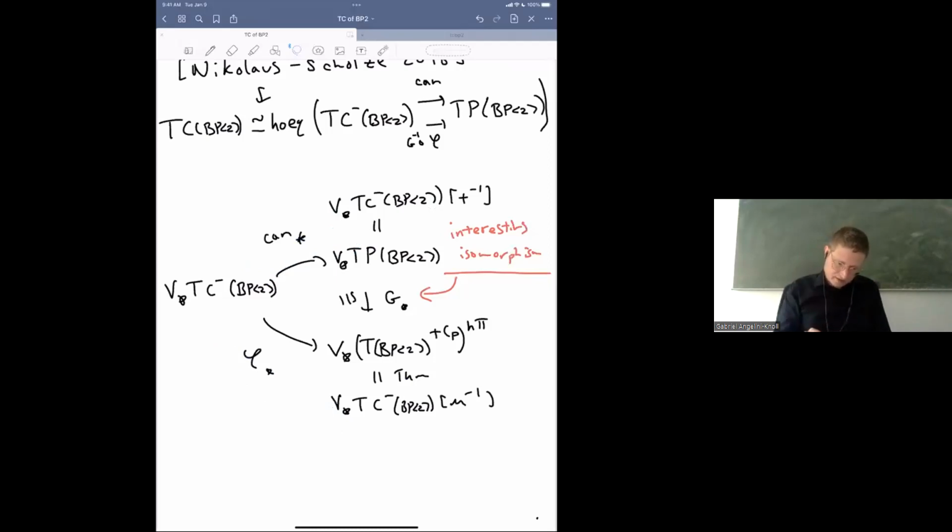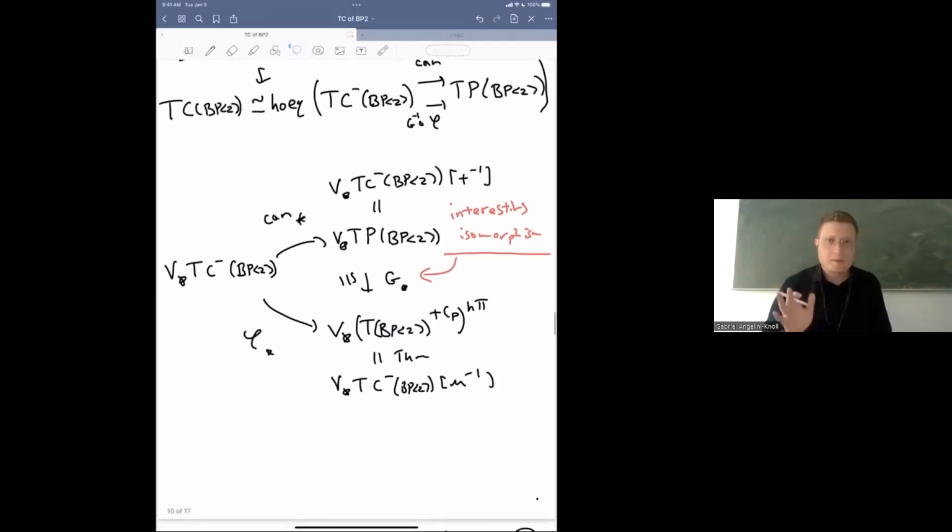Hopefully I said that right. But this isomorphism carries a lot of information. To compute the equalizer, you either have to go around this way and compute this equalizer, or you have to go around this way and compute the equalizer with that map.